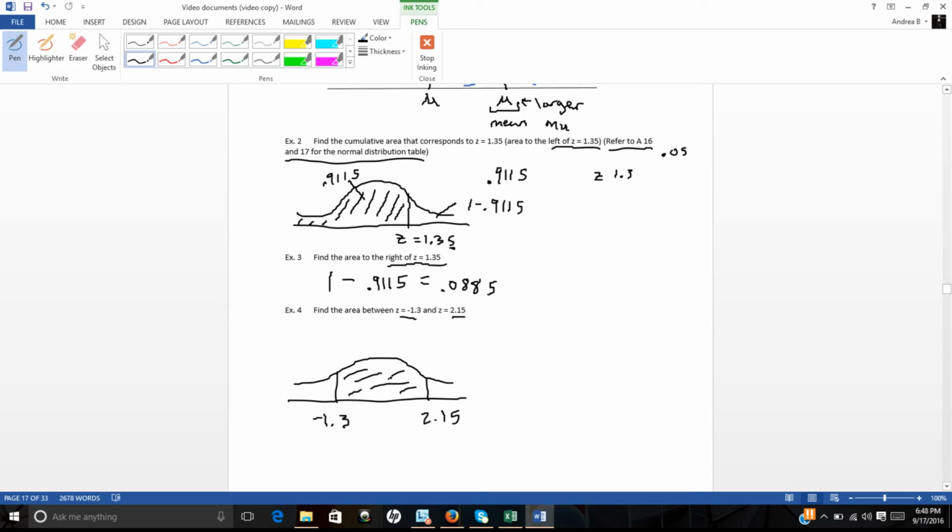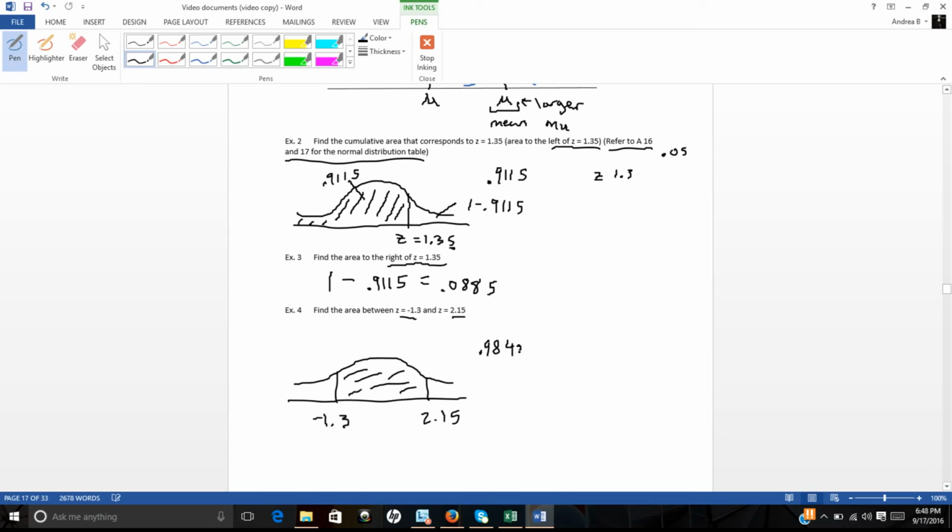So here, if we look up the 2.15, remember that means you're going to have to go down to 2.1 on the left side of your column, and then go over to the 0.05 along the top, and you'll want to write down that value. If you look that up, you should get 0.9842.